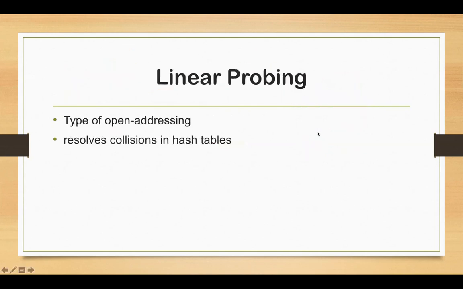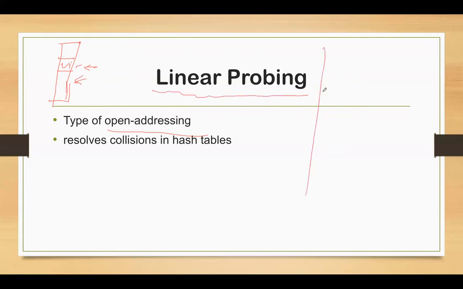One such way is called open addressing, which says that if in an array, at index I, something is already there, then you can place the other item which claims to be coming at I at some other index. And one type of open addressing is called linear probing.